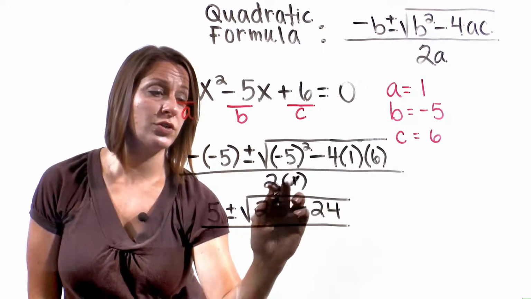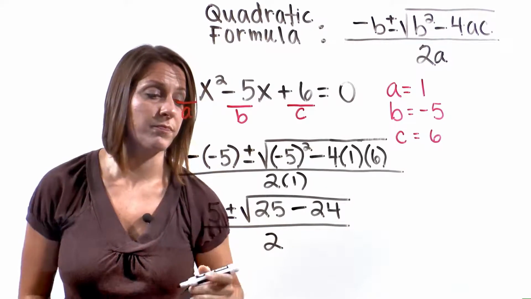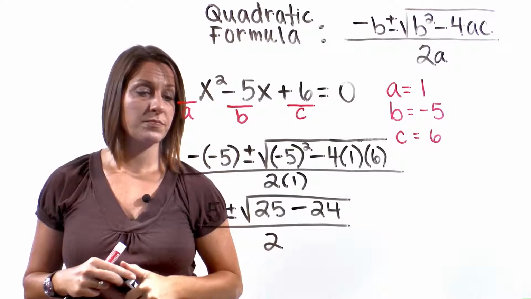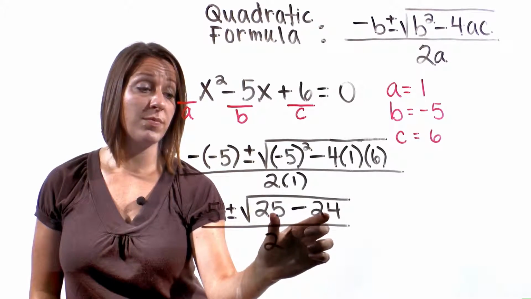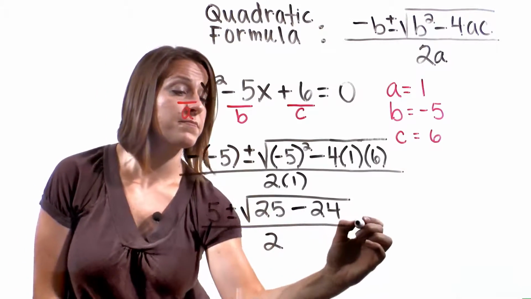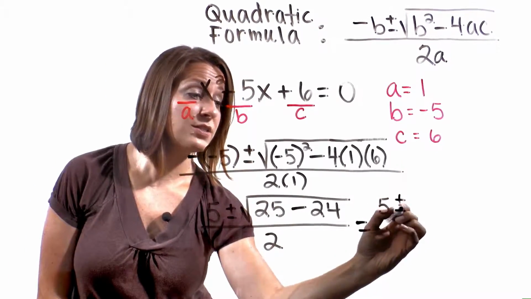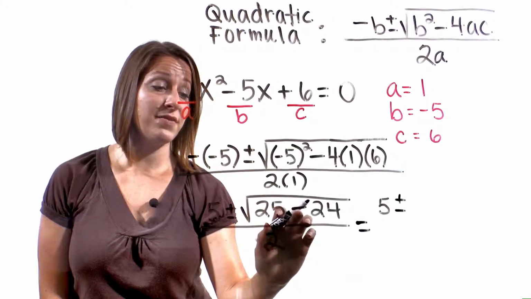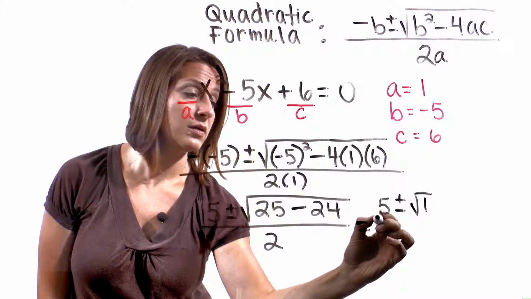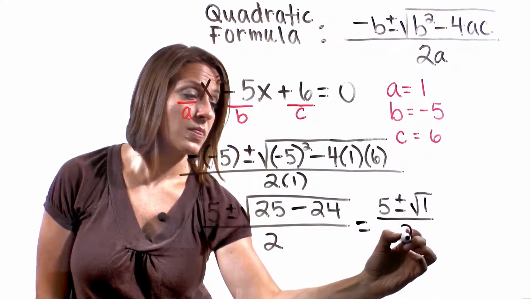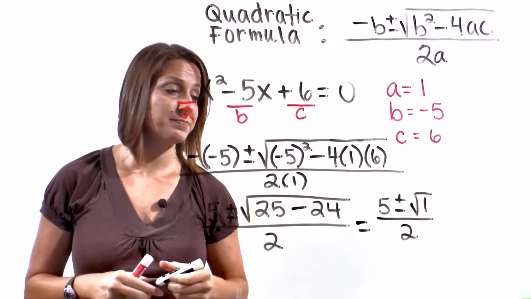All of that over 2 times 1, which is 2. Next, we can do this subtraction underneath the radical sign: 5 plus or minus the square root of 25 minus 24, which is 1, over 2. We're almost finished.